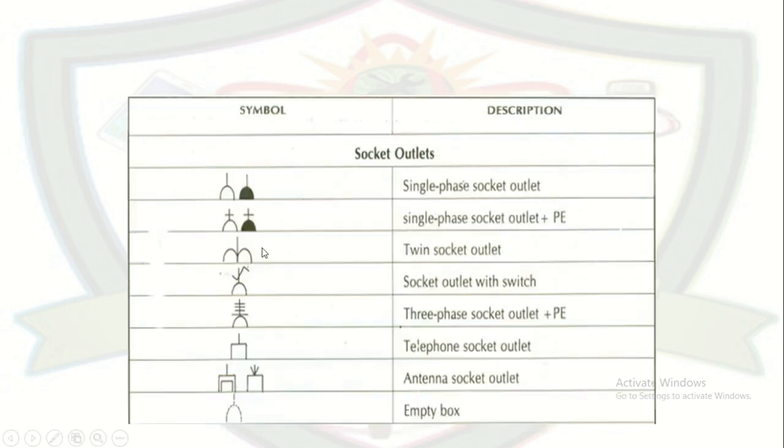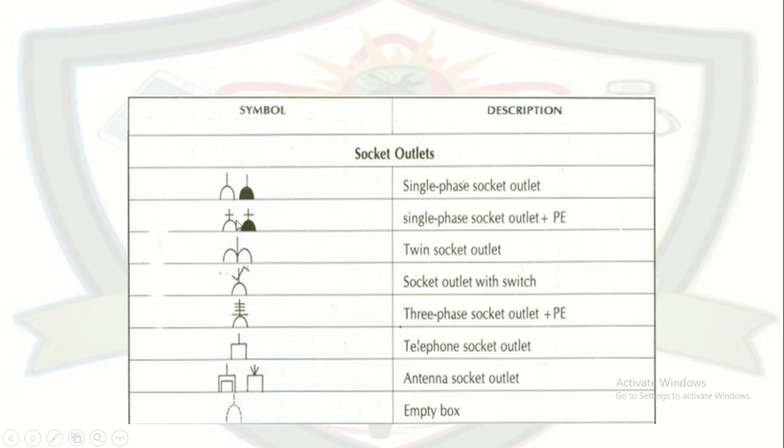The other one is socket, single phase socket outlets. The symbol of this socket is here, and single phase socket outlets plus protectioners. This is at the top.